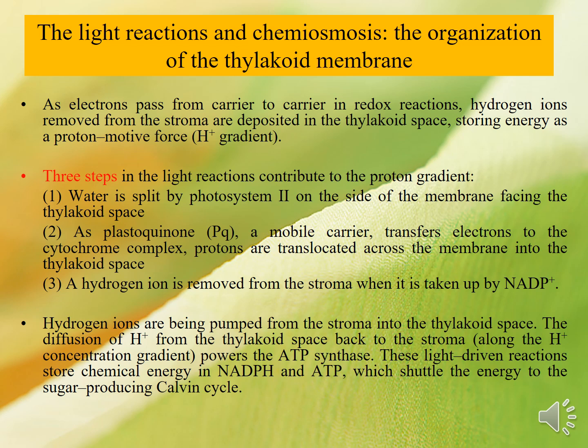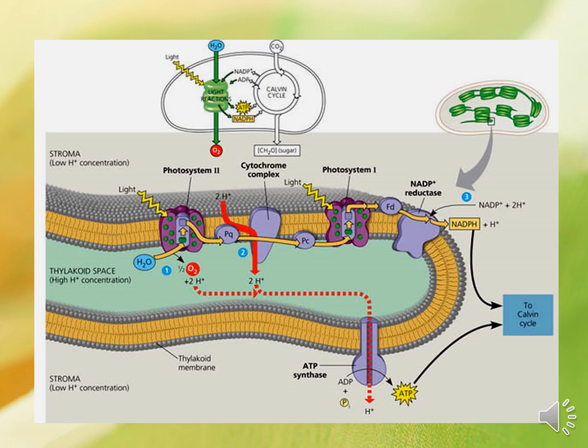Because of that, the light reaction produces ATP and also NADPH. This one is the illustration of chemiosmosis and the light reaction. You can see that the photosystems are embedded in the membrane. What membrane? The thylakoid membrane. You can see the process where water is hydrolyzed, so the hydrogen ion increases in the thylakoid space.